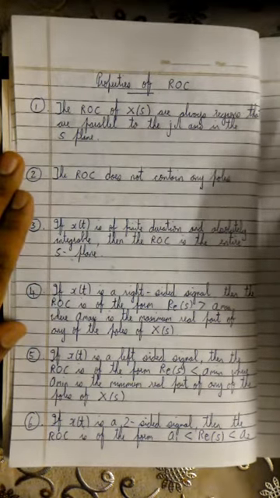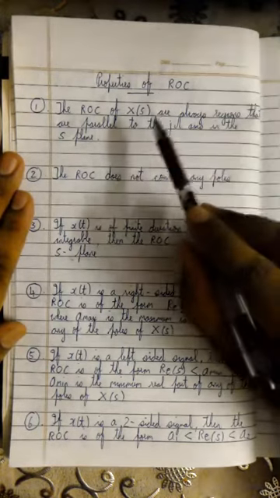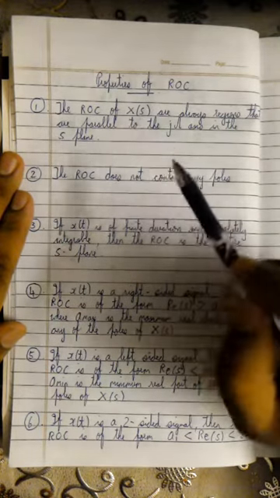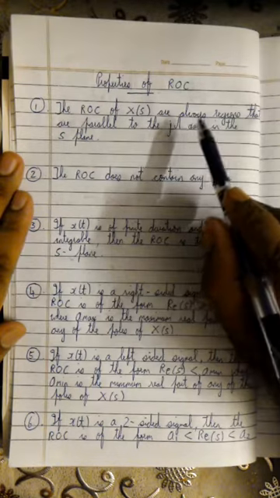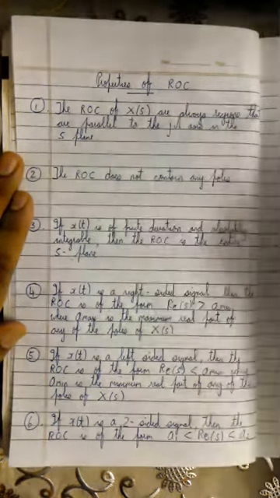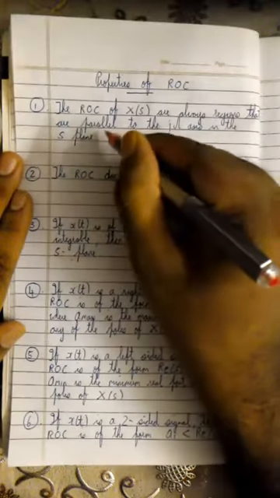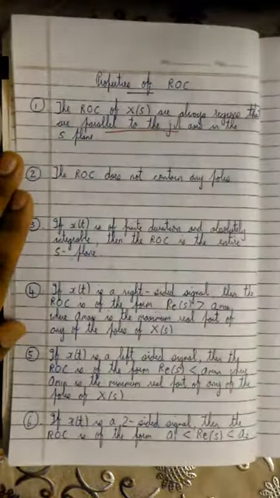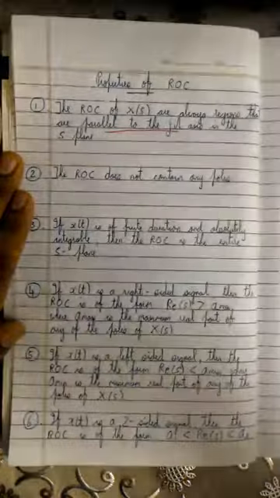The first property states that the ROC of any Laplace transform X(s) is always a region that is parallel to the j omega axis.